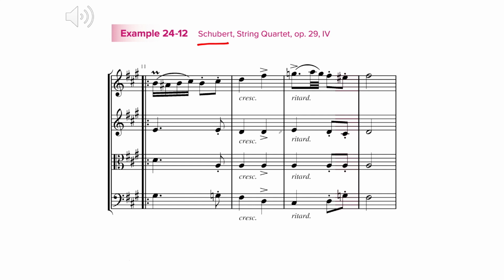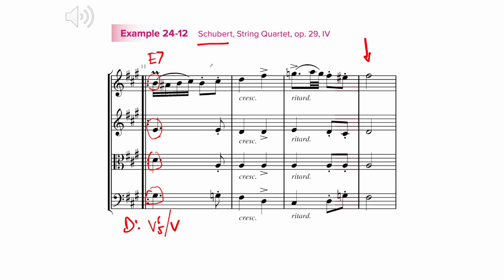My preference would be to analyze the passage in D major, beginning with 5, 6, 5 of 5, because this is E7 chord. You can check the pitches D and G sharp.